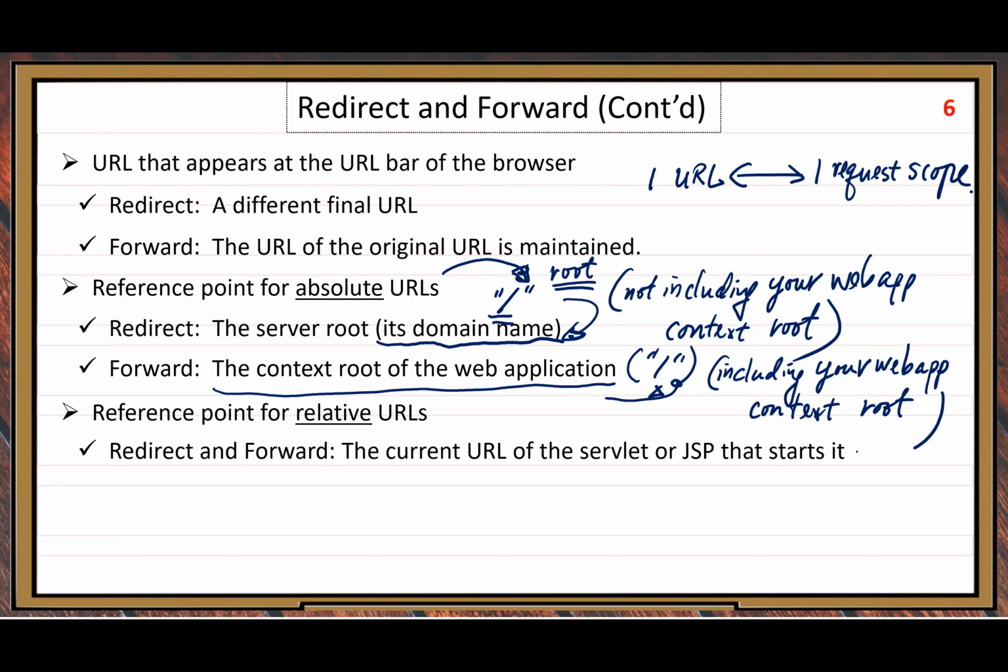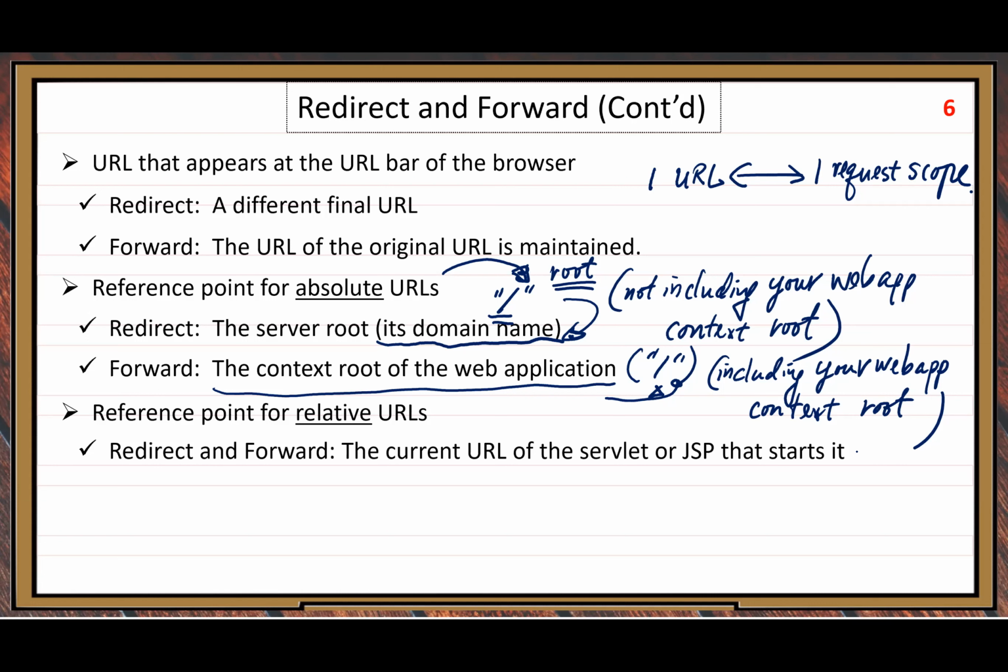Relative URLs, redirect and forward, the current URL of the servlet or JSP that started. Because when you do redirect or forward action, you must be somewhere in a servlet or JSP, right?